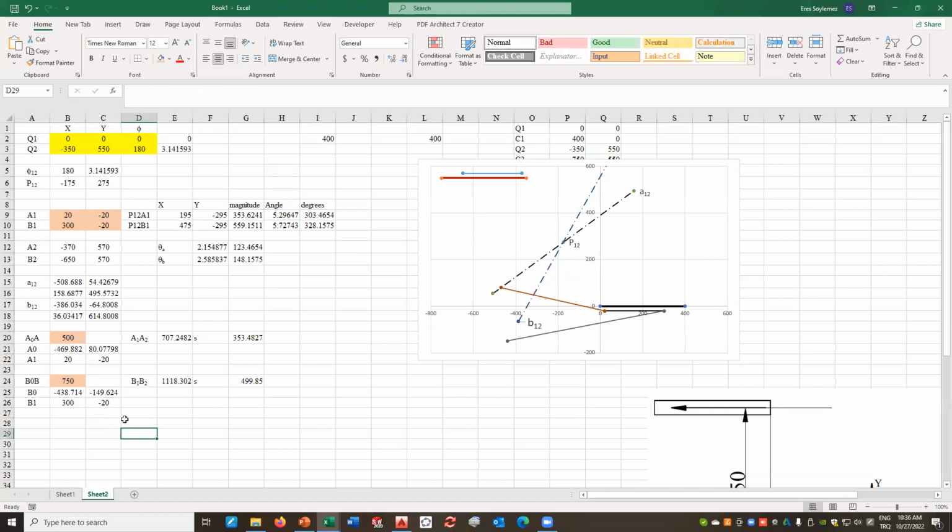Okay. Let me do it like this. Yeah, I think I will do it like that. Move this one down, and these 2 cells one down. Write A2, right over there, A2.